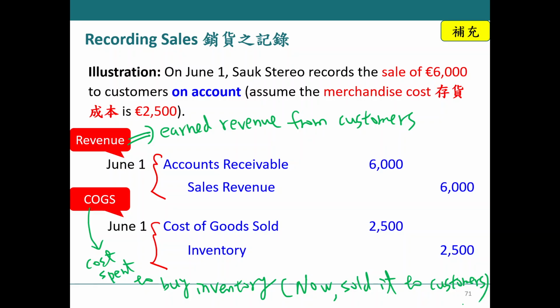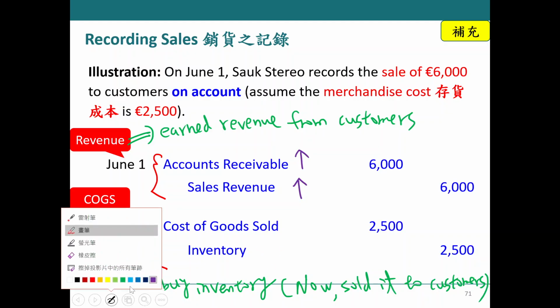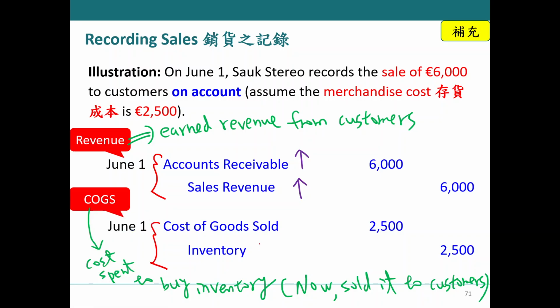Okay? So revenues increased $6,000, right? At the same time, customer didn't pay, so accounts receivable increased $6,000. But nothing for free, right? You want to earn the revenues from customers. How much money you spent to buy the inventory before? $2,500, okay? So that's why your inventory decrease.